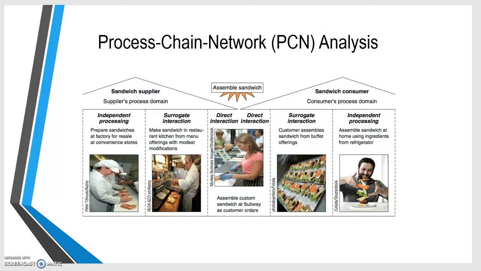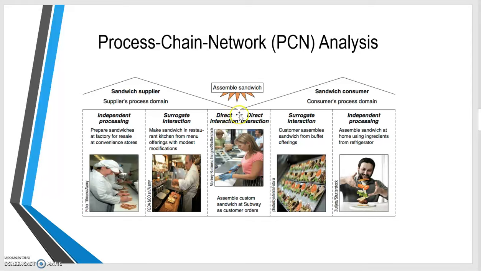We start with the sandwich supplier and their process domain. Independent processing: prepare sandwiches at factory for resale at convenience stores. Surrogate interaction: make sandwich in restaurant kitchen for menu offerings with modest modifications.